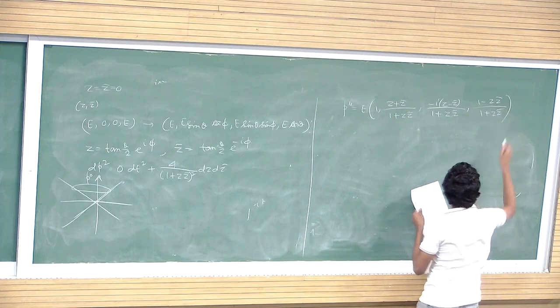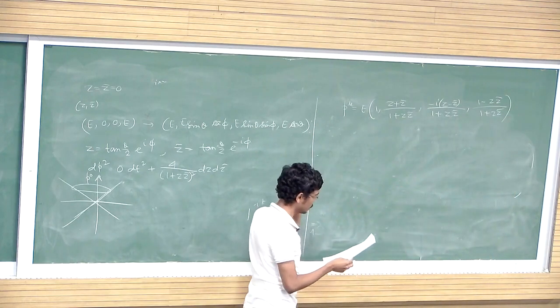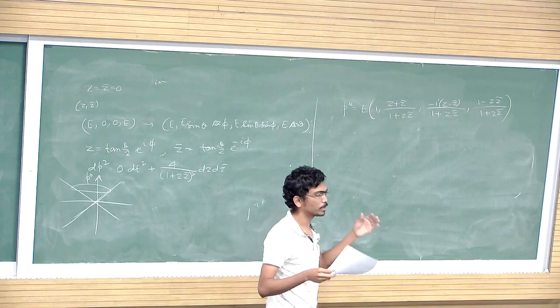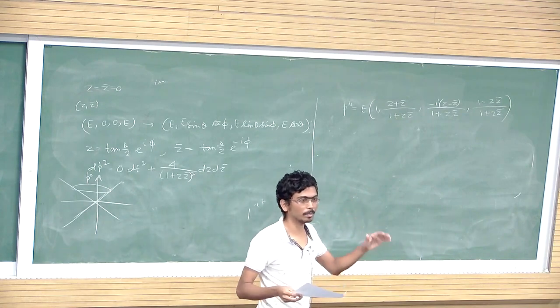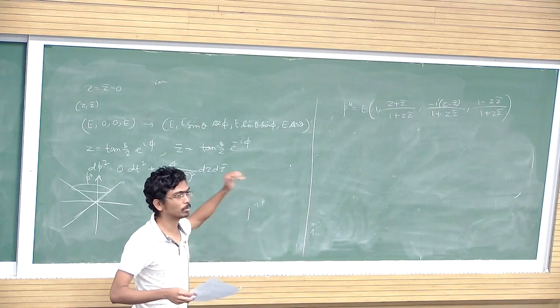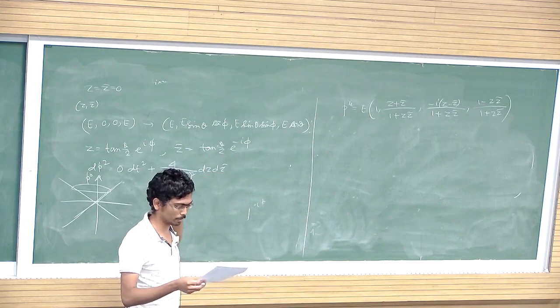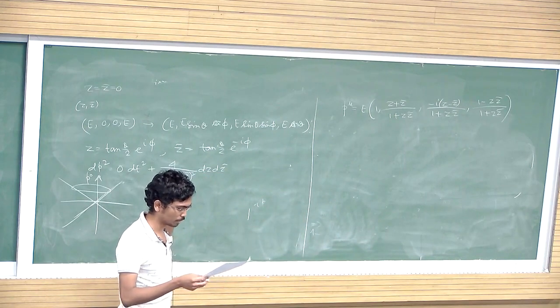And this z bar basically parameterizes the space of all possible null momentum directions. I'm again emphasizing the direction because that will be important when I talk about the conformal primary basis and this Lorentz group concept. Okay.